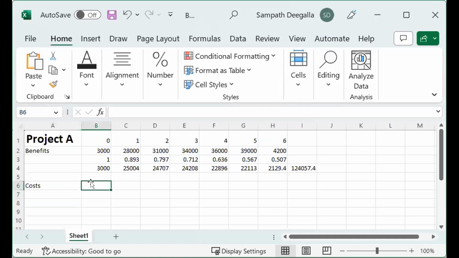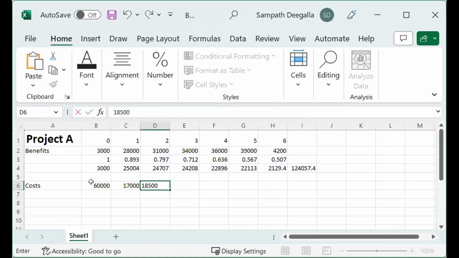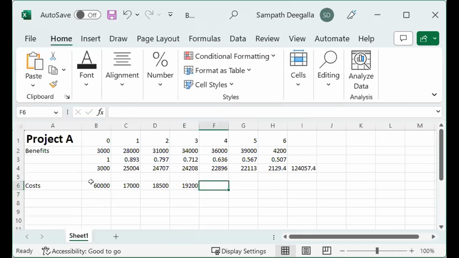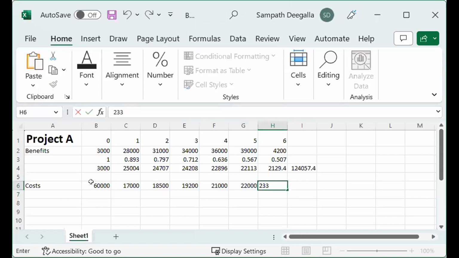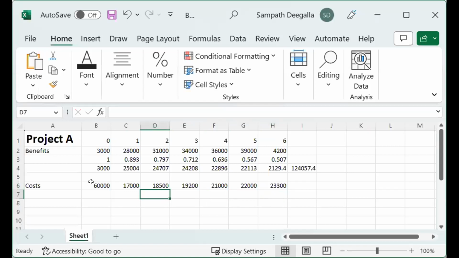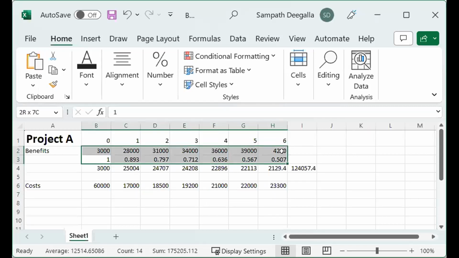So the cost will be 60,000 in the beginning. 17,000, 18,500, 19,200, 21,000, 22,000, 23,300. Okay, so you need to have the same values.